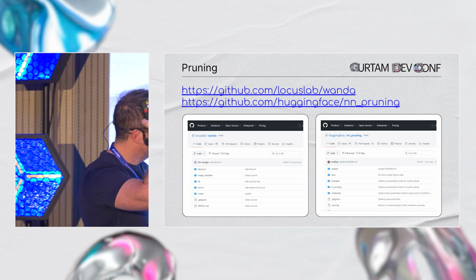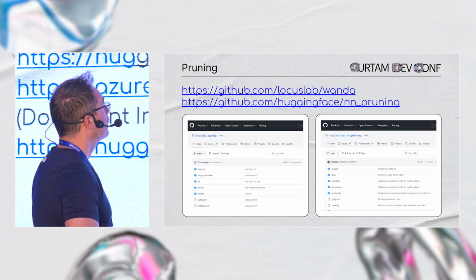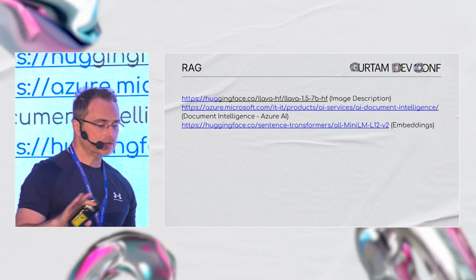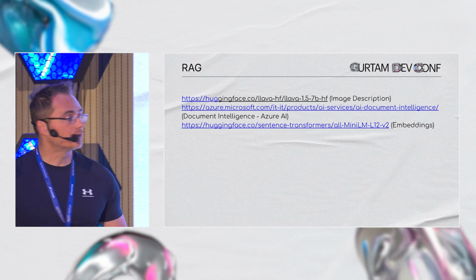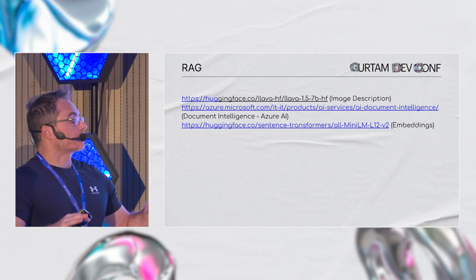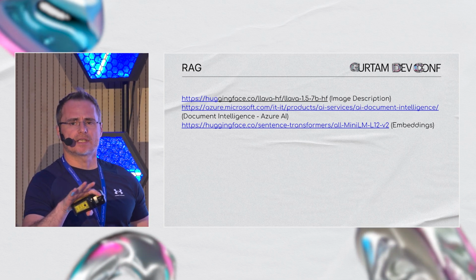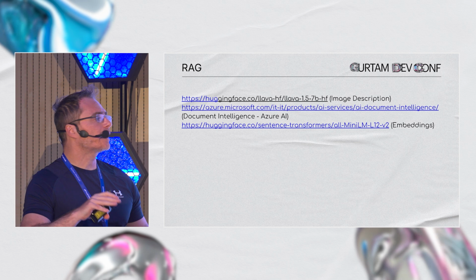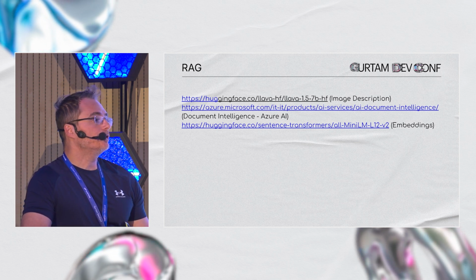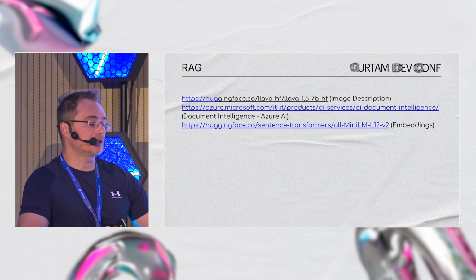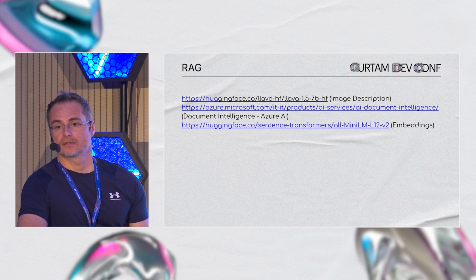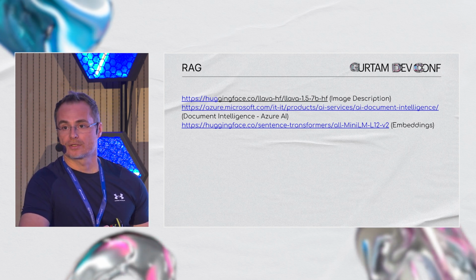Okay, now let's talk about RAG, but before, everybody knows what the RAG technique is. Anyway, when you use a large language model, of course, there is a lot of knowledge inside, but it's general knowledge.